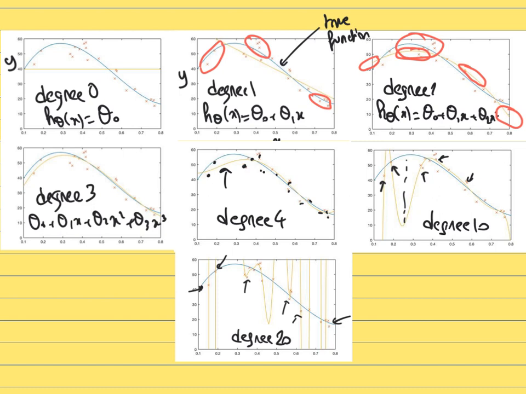If you want to use this model to predict the strength for a given amount of water, it's going to predict some very crazy things. It's going to predict that for some amount of water the strength will be very high, for some others it will be very low. So you will not be able to use this model in practice.